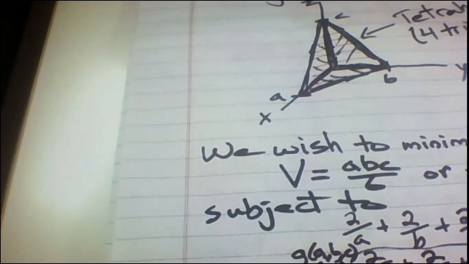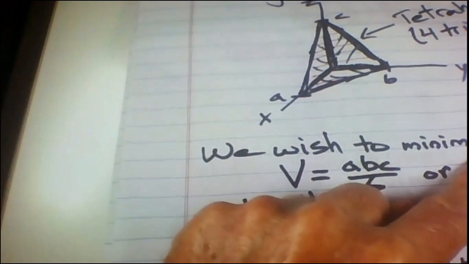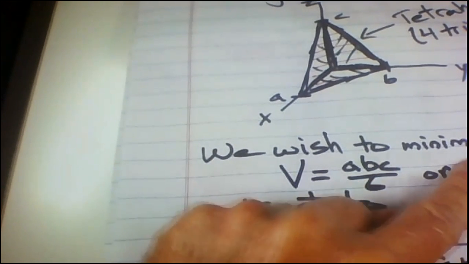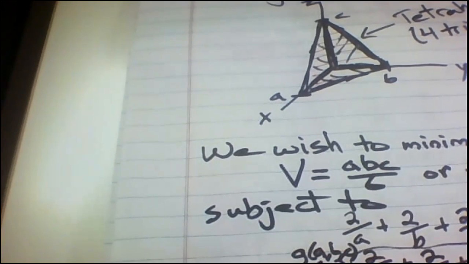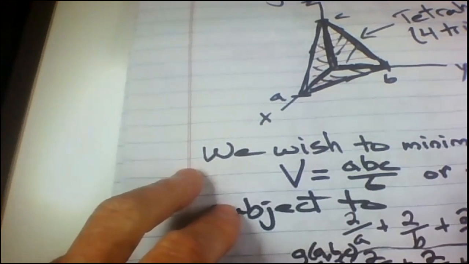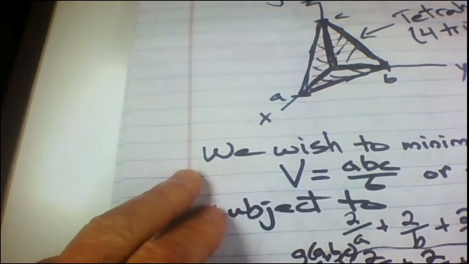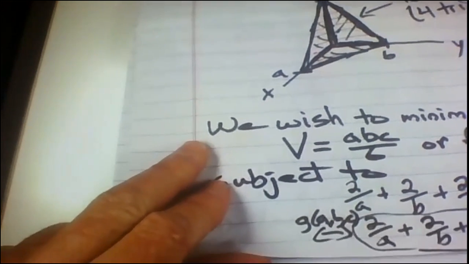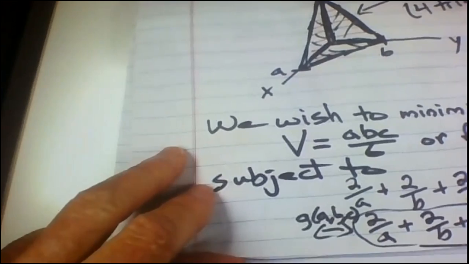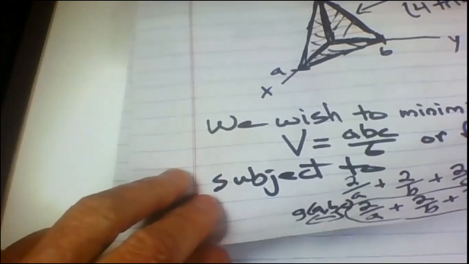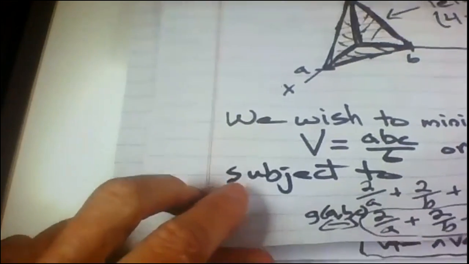It has to be couched in that form: minimize or maximize a function of 3 variables subject to a constraint g equals 0. Here the variables are a, b, c instead of x, y, z. Questions on that so far? I'm going to slide the page up here.